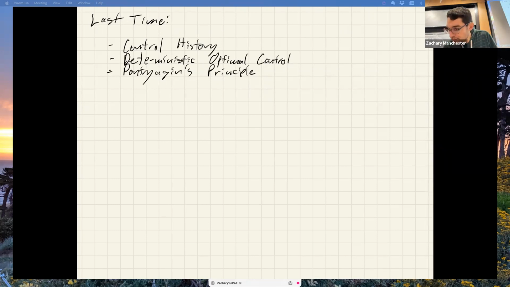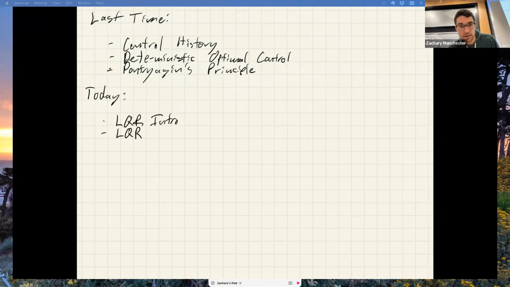Okay, so today we are going to do LQR 3 different ways, because LQR is super important. I'm going to tell you what that is first, and then we're going to do LQR via Pontryagin with a shooting method, which we talked about last time.